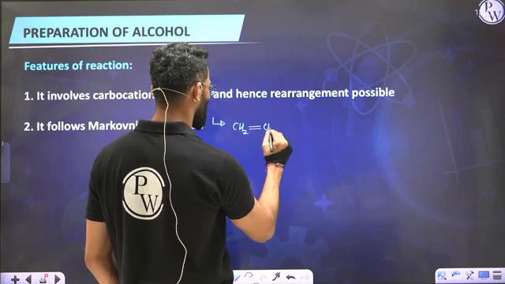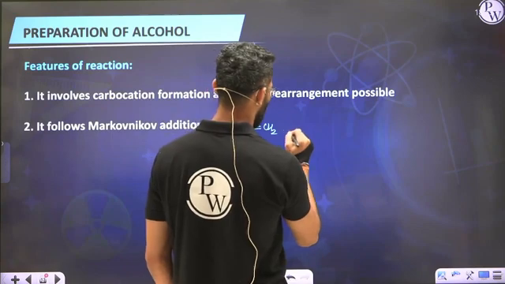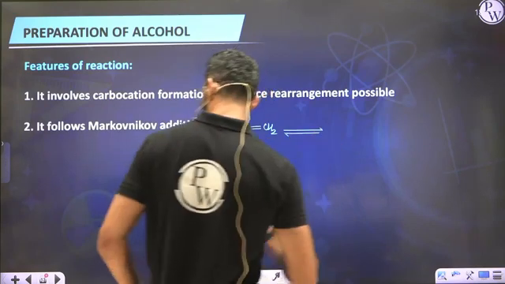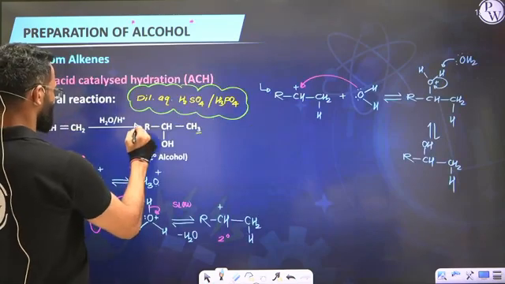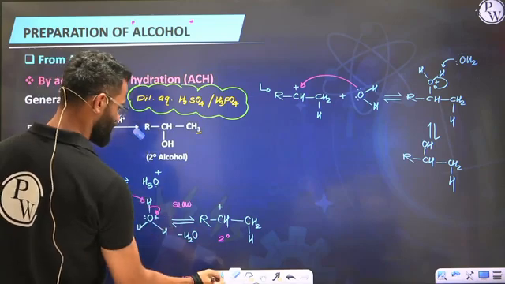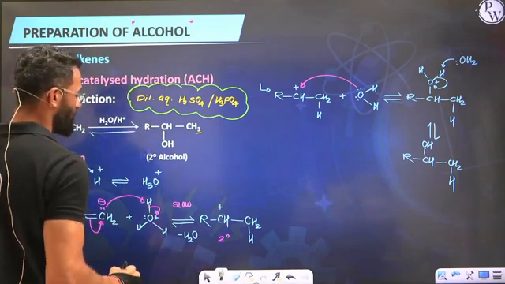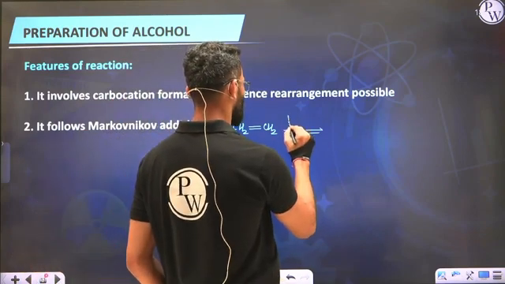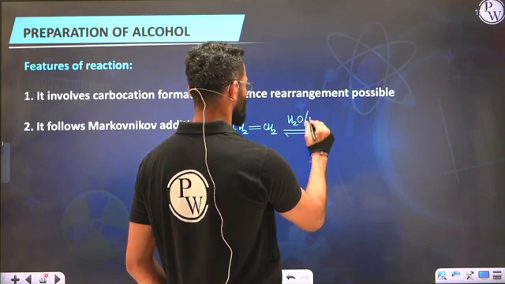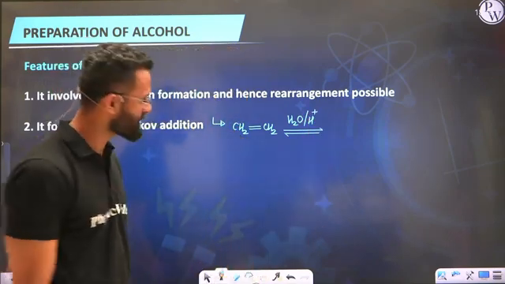So let's say you have got ethene, and upon the arrow I'm mentioning H2O/H+, dilute aqueous sulfuric acid. By the way, the reaction is always equilibrium controlled.